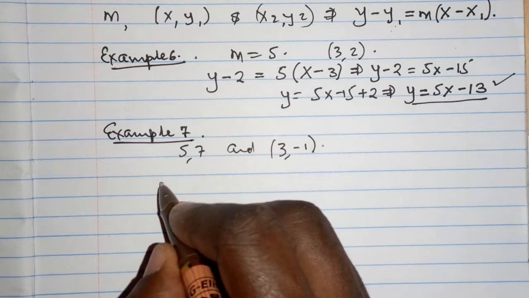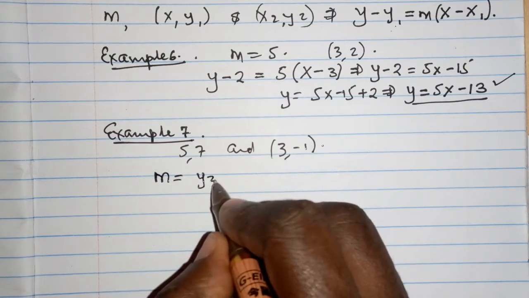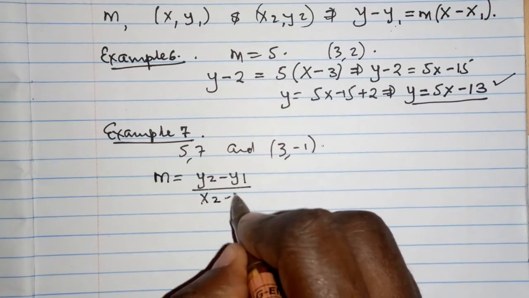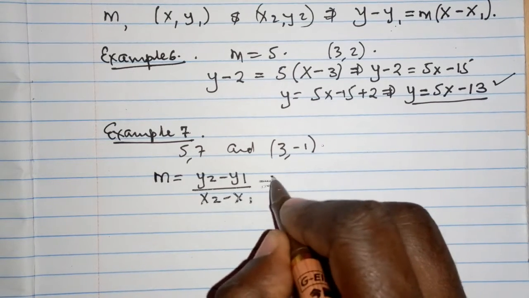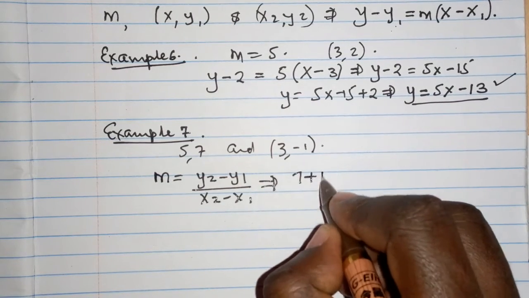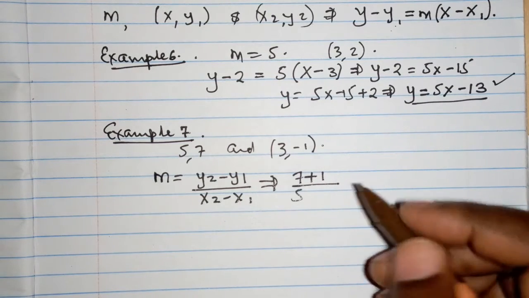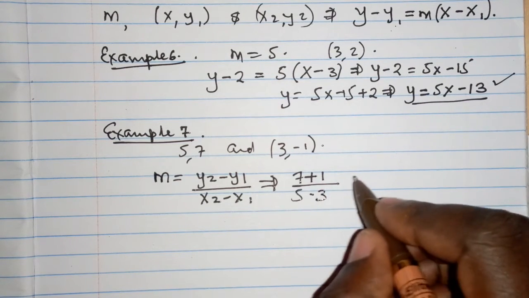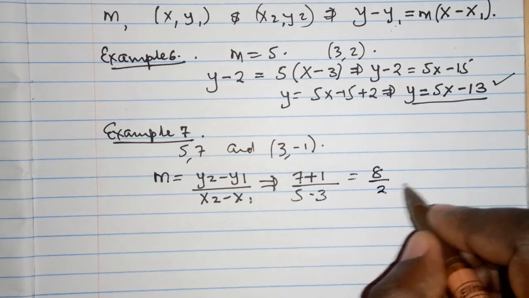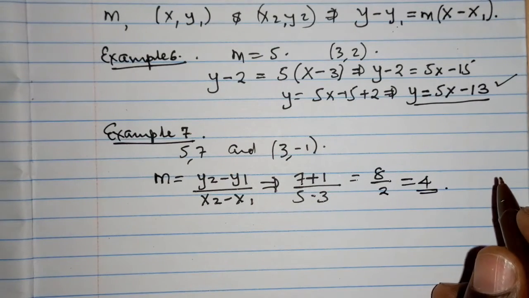The gradient, m, is of course y2 minus y1 all over x2 minus x1. In this case, we have 7 minus (-1) all over 5 minus 3, which is 8 over 2, and the gradient is clearly 4.